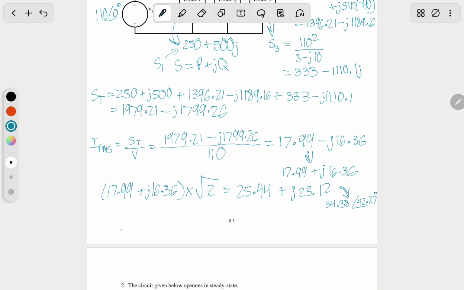So our final answer is Ix at time t equals 34.38 cos of omega t plus the angle. To find the rad/s, we multiply the frequency times 2 pi.